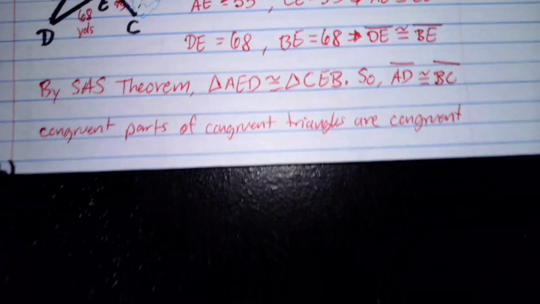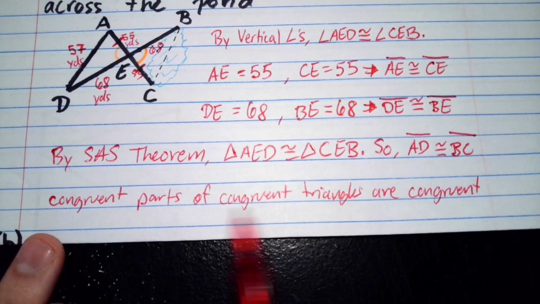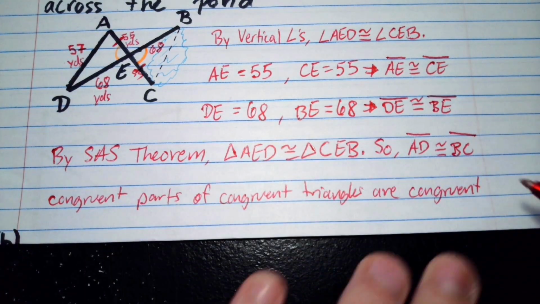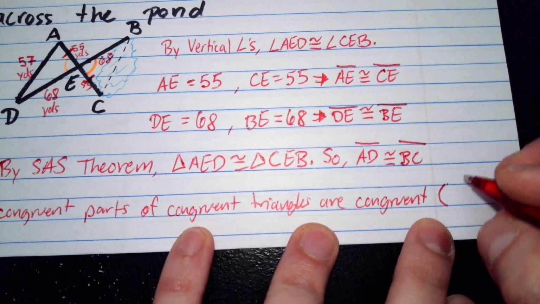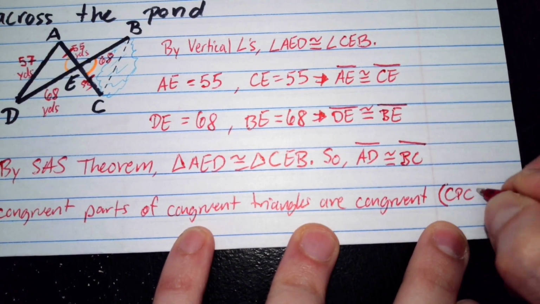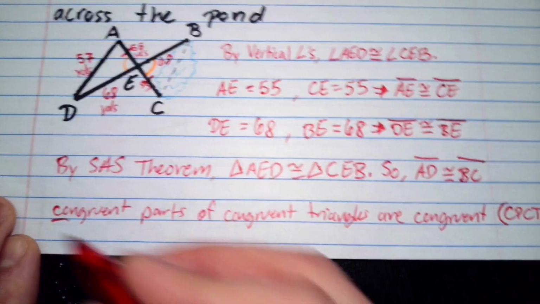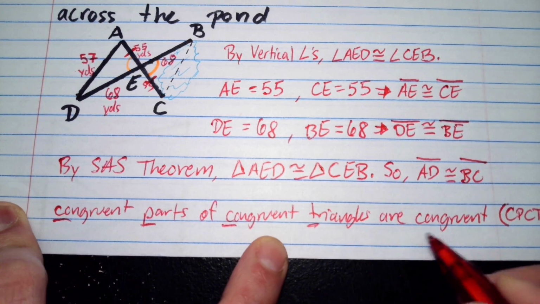And so remember, here's all the proof. Down here, if we don't want to write this long thing, we can also just say this is true by, and then remember we can do CPCTC. Again, here's the CPCTC.